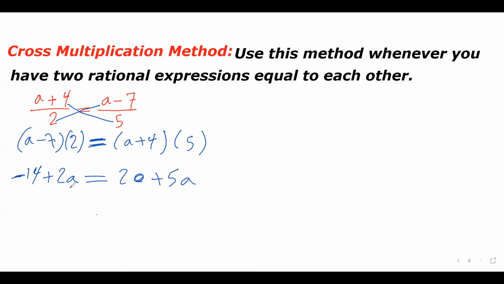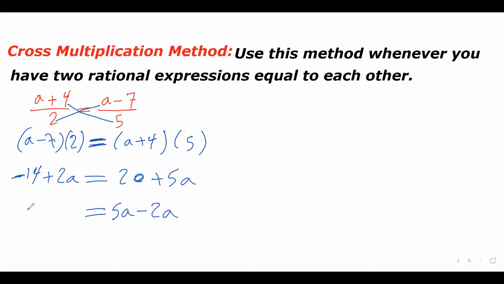So I have to move the constant terms to one side and the variable terms to the other side. I want to take this 2a to the right side because 5a is bigger, so I don't want to end up with a negative a. So I just leave this 5a on the right side, and I want to move this 2a from left to right, so it becomes negative 2a.